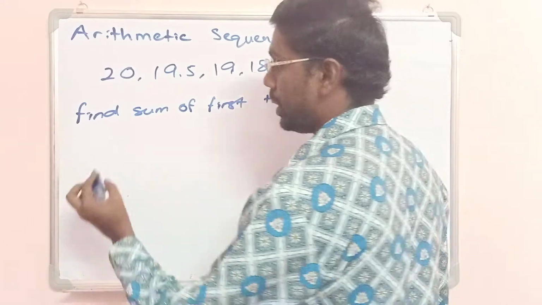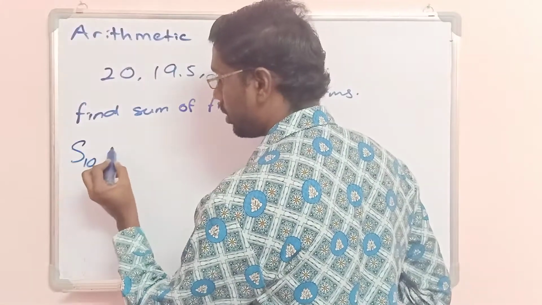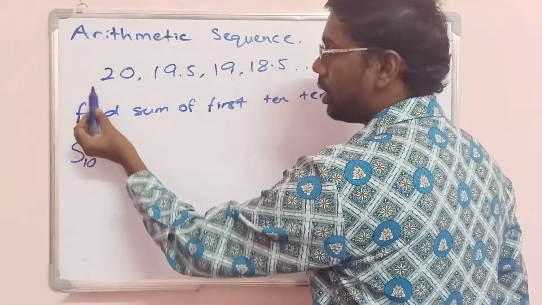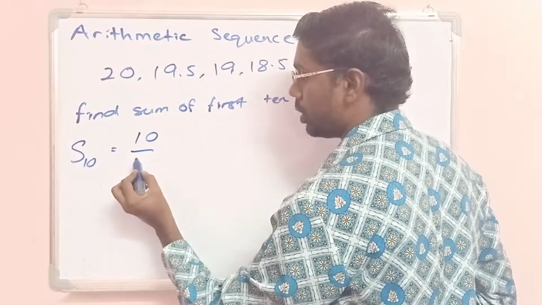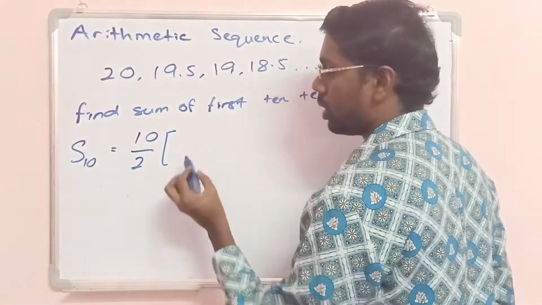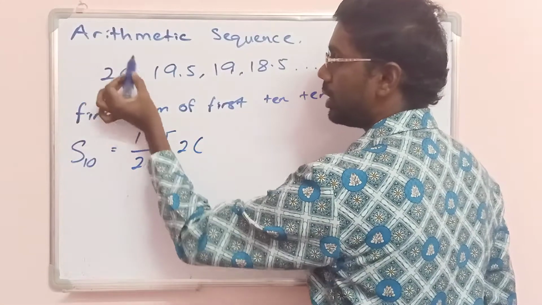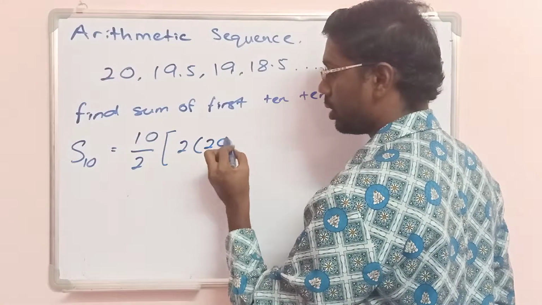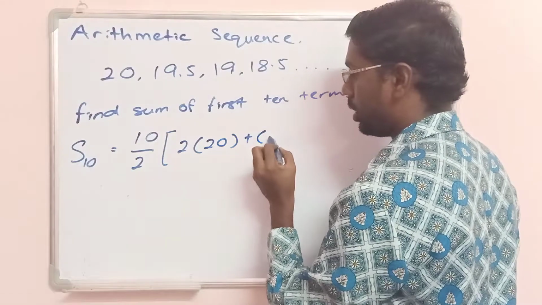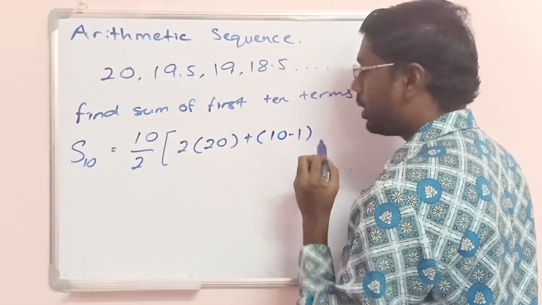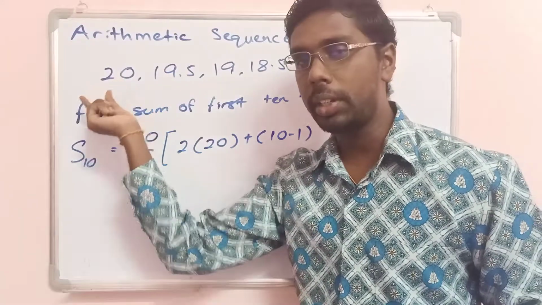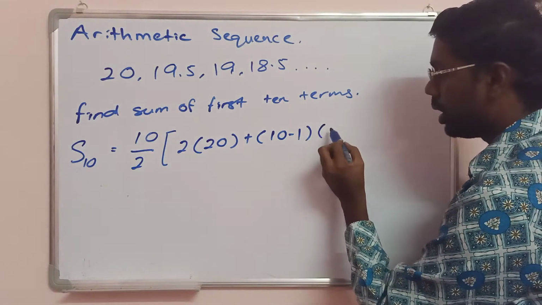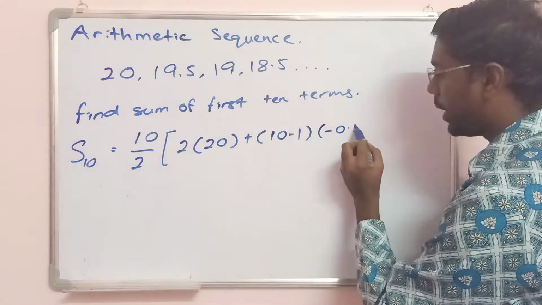So S10 equals 10 over 2 times (2a, which is 40, plus (n minus 1) times the common difference, 19.5 minus 20, which is negative 0.5).